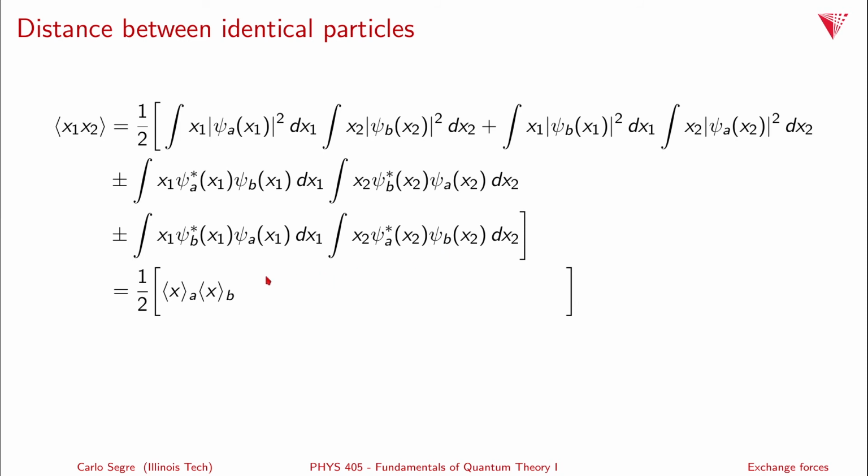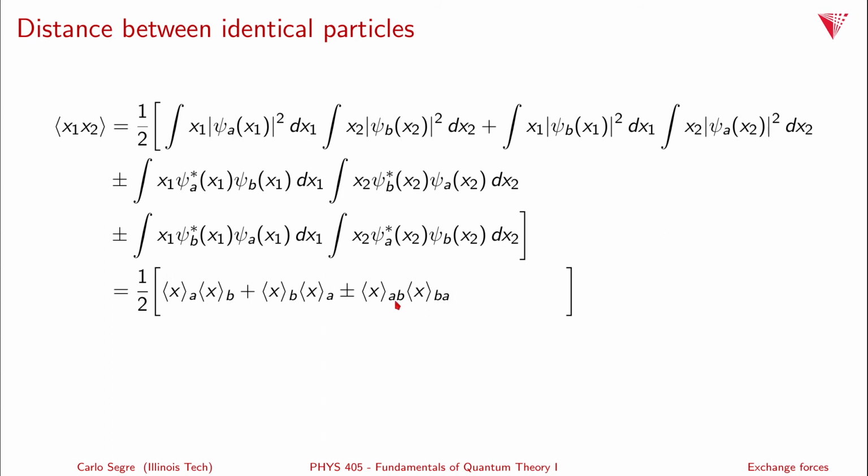So the first term gives me the expectation value of x in state A times the expectation value of x in state B. The second term gives me exactly the same thing. And the third term gives me the expectation value of x in the cross state AB.